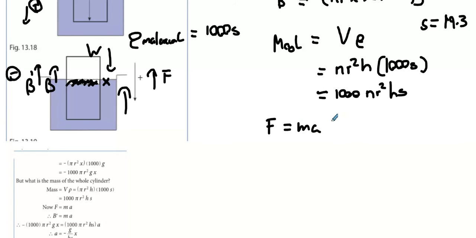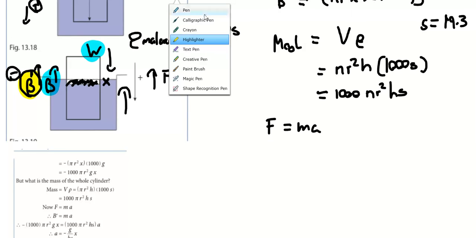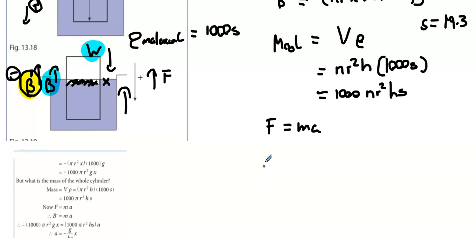But the extra force is all due to the extra buoyancy, because remember, the initial B and the initial W are in complete balance with each other. So there's only one force acting upwards, and it is the extra buoyancy B dash. So basically we have B dash equals ma, and then we can get our two answers here.